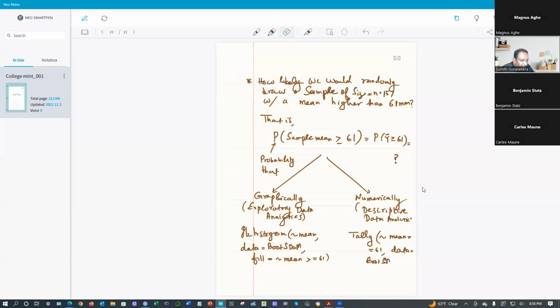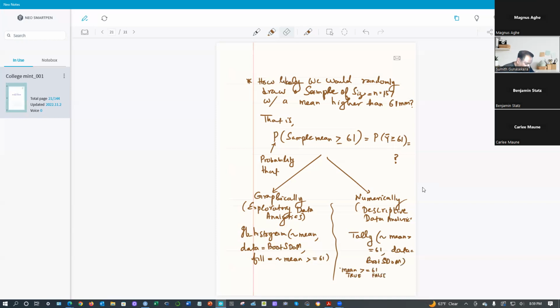That's how you do it numerically. When you do that, you get a result like this: mean greater than or equal to 61 is true, and the other part is false.